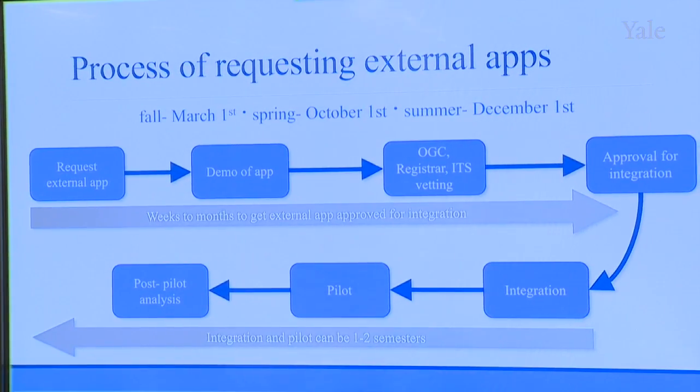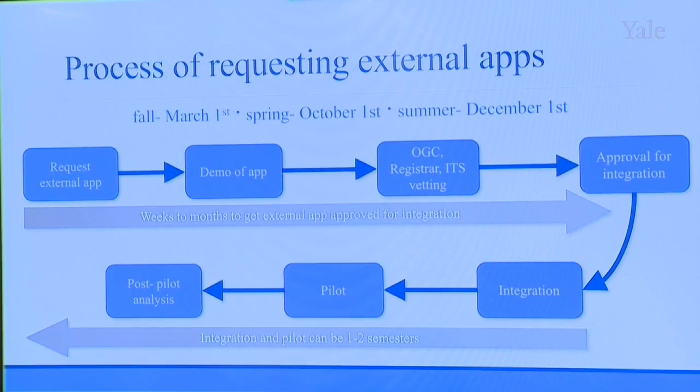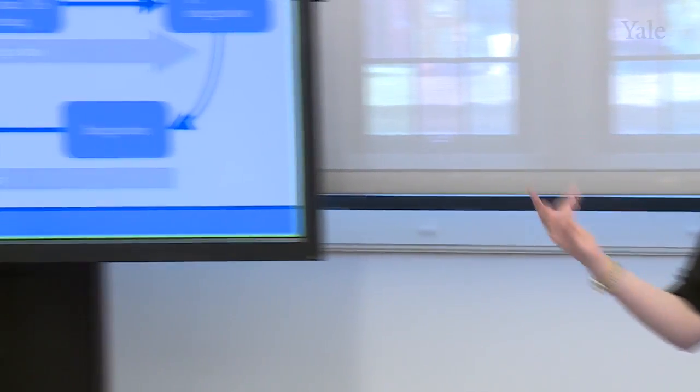This step can take between weeks and months. That's why we have the deadline so far in advance, because it has to be ensured that we're protecting the student data and student information, because that's very important to us and to those of us who use the technology. Once it goes through that lovely process, it gets the approval for the integration.